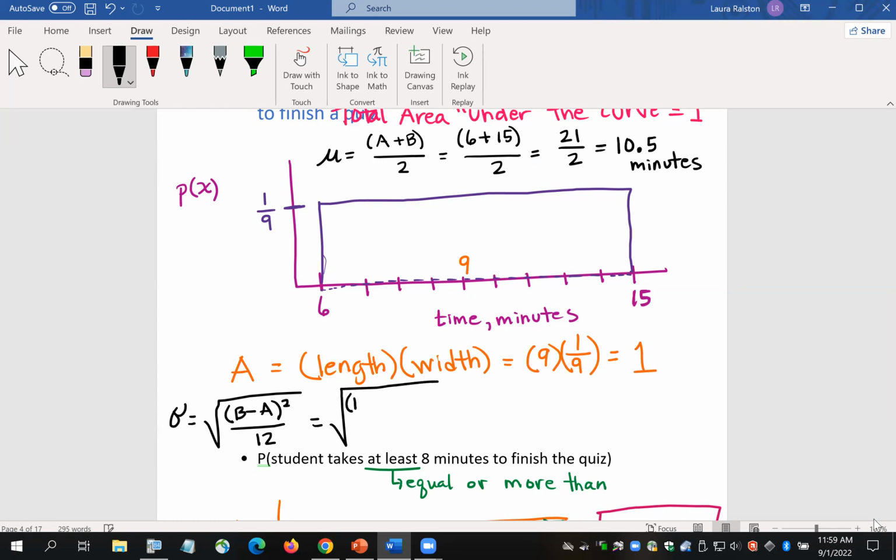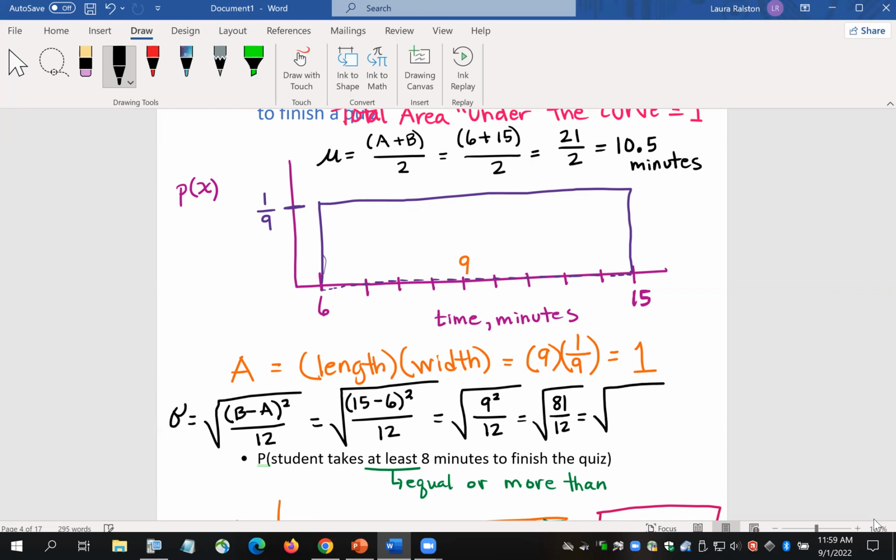So I would have (15 minus 6) squared divided by 12. That's the square root of 9 squared divided by 12, which is the square root of 81 divided by 12.